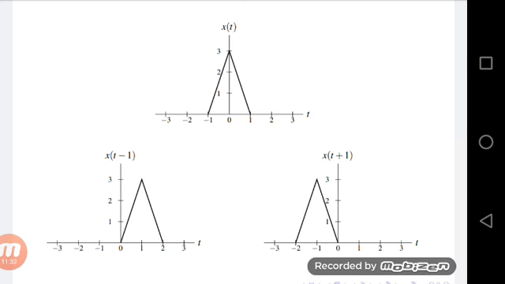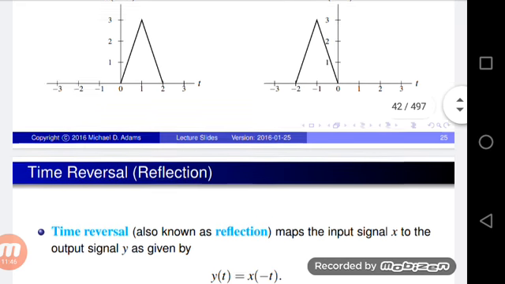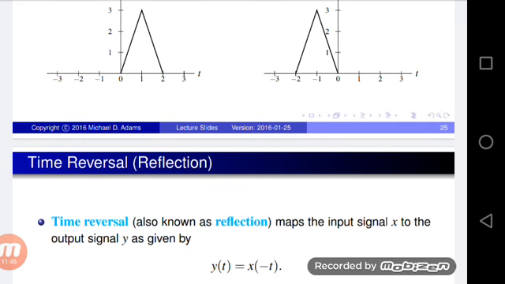The overall concepts of time shifting, time scaling, time expansion and compression, and time reversal are all used to change the behavior of signals with respect to time and frequency. So this is the concept of time scaling, time shifting, time reversal, and time expansion and compression. Thank you.